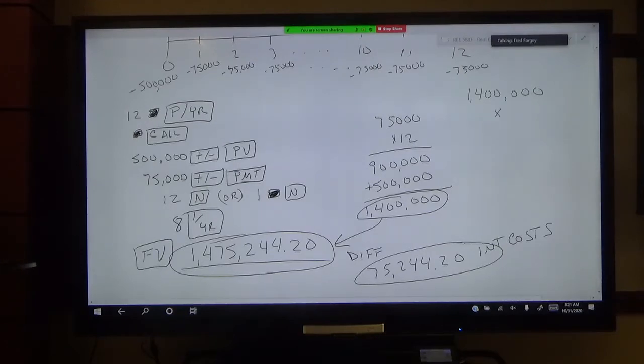Think about how much you would actually owe, all right? Well, in that case, with an 8% interest rate over 1 year, you would owe something like $112,000 worth of interest versus the $75,000 that you actually do owe, okay?